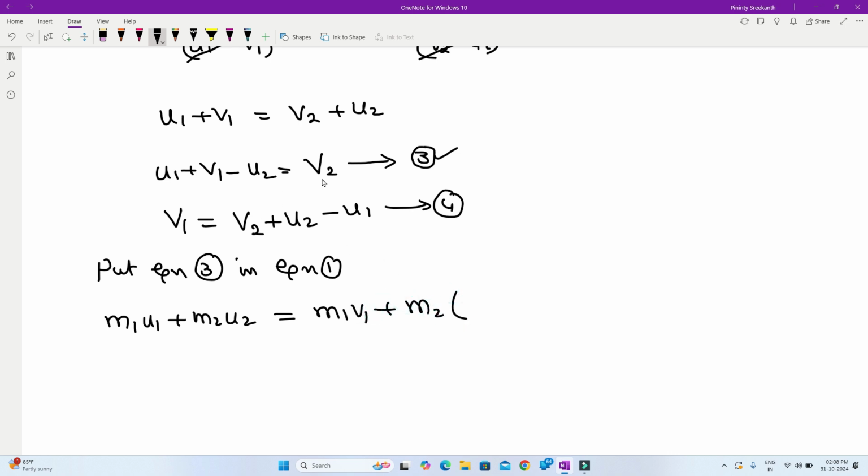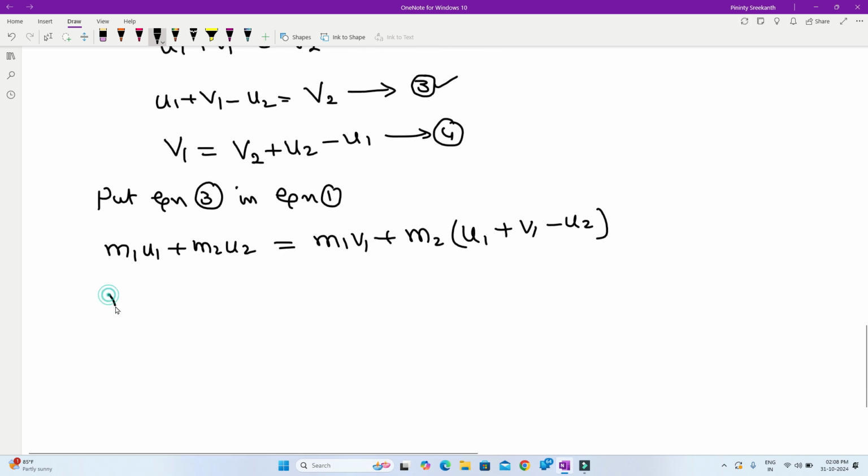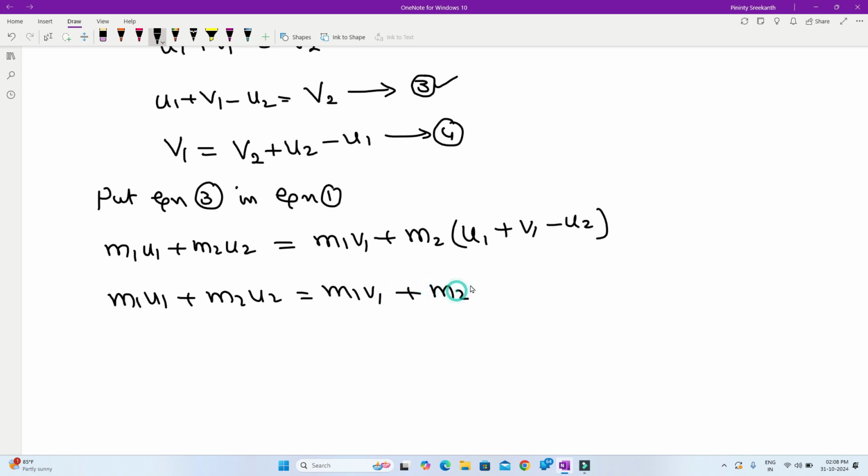We have to put this term instead of v2, that is (u1 + v1 − u2). Then m1 u1 + m2 u2 is equal to m1 v1 + m2 u1 + m2 v1 − m2 u2.